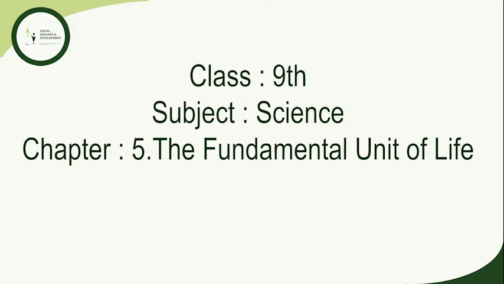The invention of magnifying lenses led to the discovery of the microscopic world. It is now known that a single cell can constitute a whole organism, such as the amoeba, Chlamydomonas, Paramecium, and bacteria. These organisms are called unicellular organisms. Uni means single.